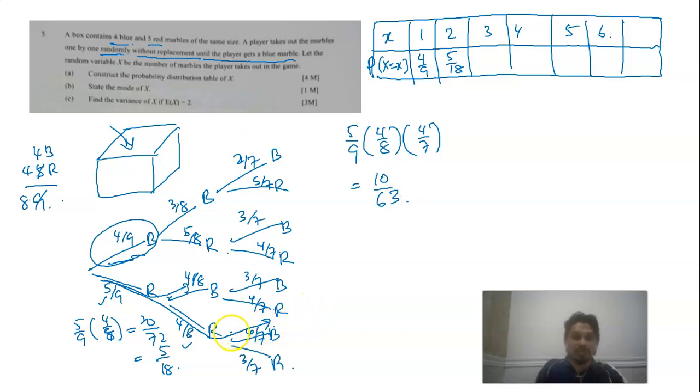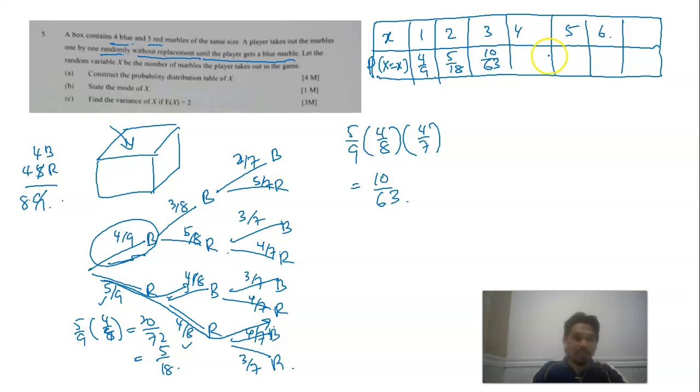So you need to expand this tree diagram only for this part. There's red, red, blue; red, red, red, blue; red, red, red, red, red, blue. Because the key is you stop picking up the ball from the box once you get a blue marble.